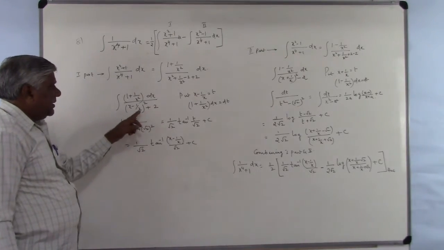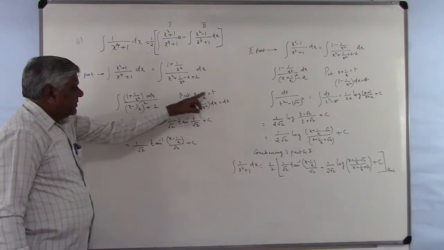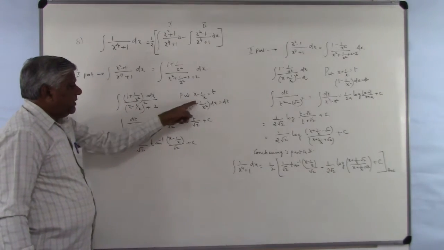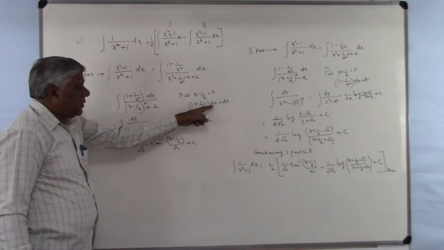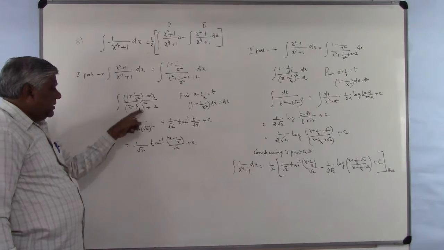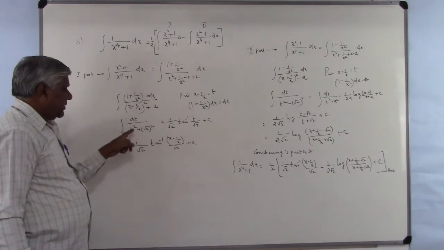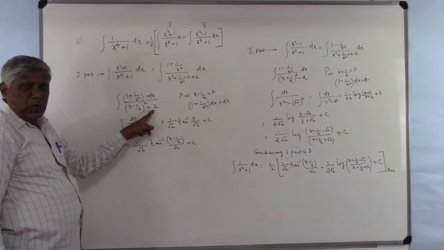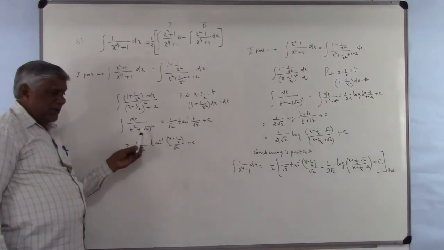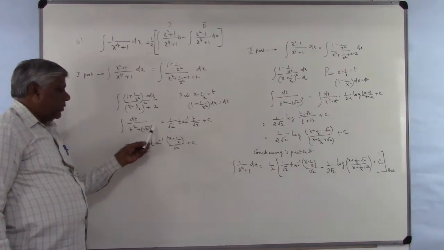And here, put x minus 1 by x is equal to t. What will happen? When you differentiate this, 1 plus 1 by x square into dx is equal to dt. So dt divided by t square plus 2. 2 can be written as root 2 whole square, so t square plus root 2 whole square.